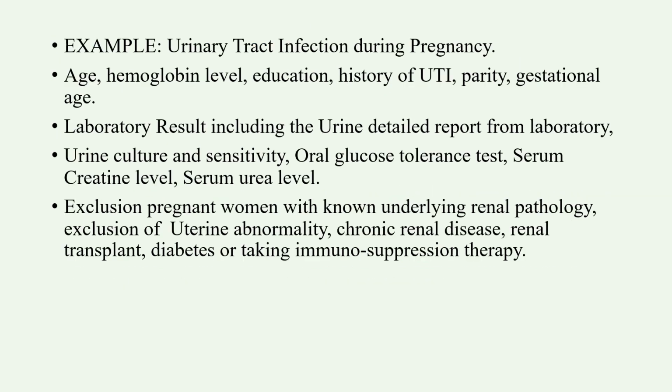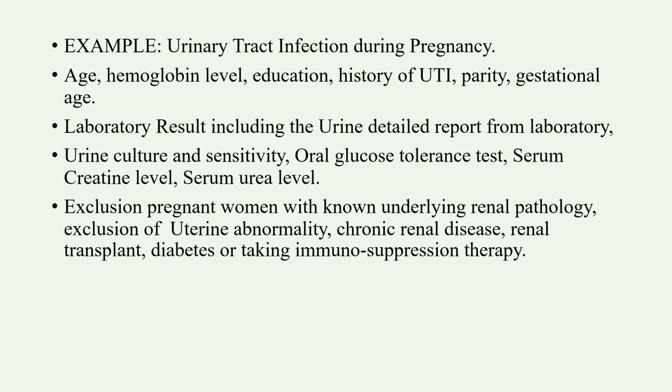As an example, if we are going to do a study on urinary tract infection during pregnancy, we may need to take the following data and variables. We may need the age, the hemoglobin level, the level of education, past history of urinary tract infection, parity, and gestational age.